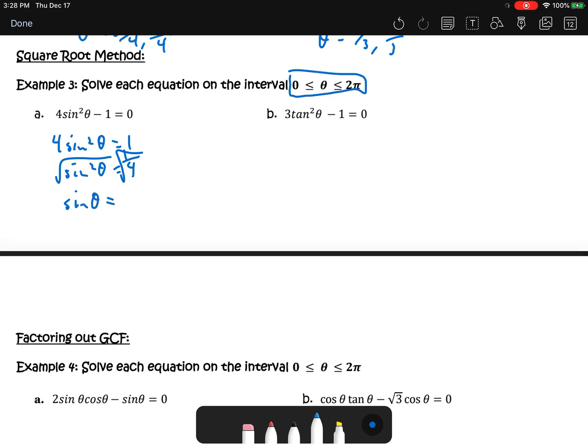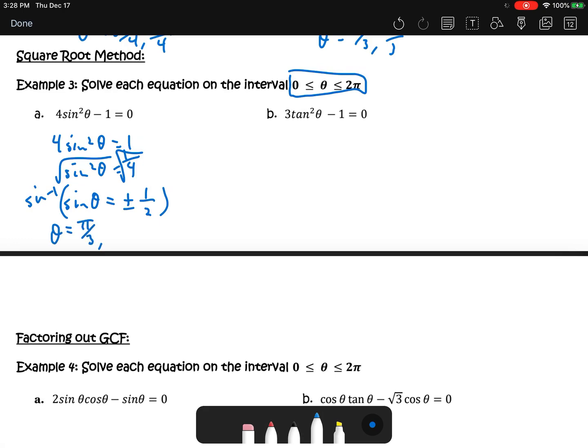What's the square root of 1/4? Plus or minus 1/2. So now we have to ask ourselves, take the inverse sine of it. We have two answers here, 1/2 or negative half. So when is sine 1/2? Well, that's pi over 3 and 5 pi over 3.